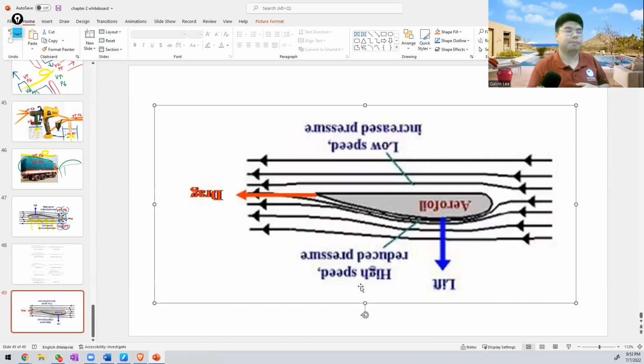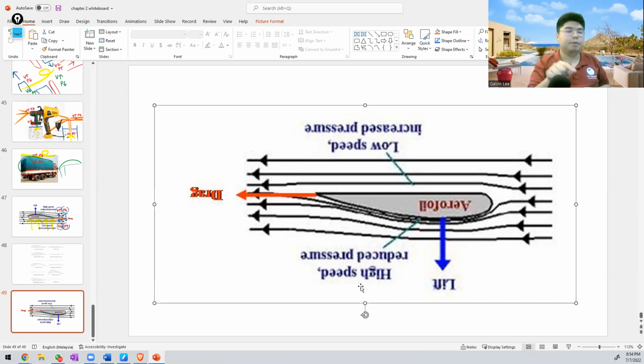The F1 car does this, but flipped the other way around. Because remember, F1 wants to ground the car. They don't want the car to fly and lose traction, so they want it to push down. They create a downward force. So it is still an aerofoil, but they turn the aerofoil shape upside down.